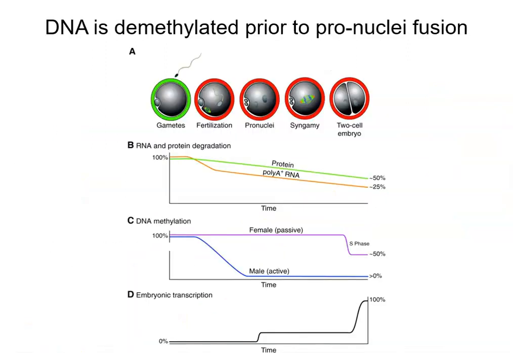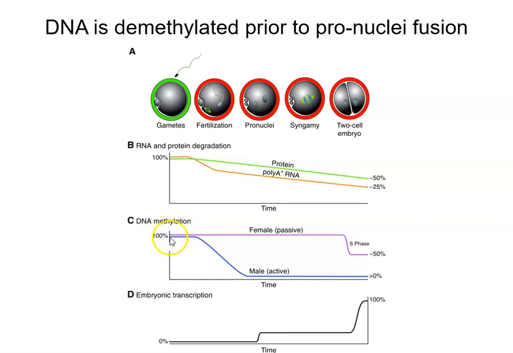Now there are situations where these methylation patterns are not maintained, and one of those examples is upon fertilization. So here's an egg, here's a sperm. Upon fertilization, there is a deliberate demethylation occurring, and if we look specifically at this graph here, from fertilization to the point where you end up with first mitotic division, then we've got a two-cell embryo.